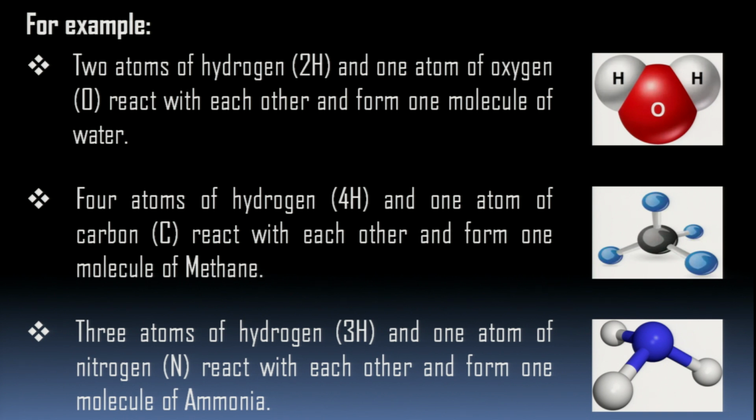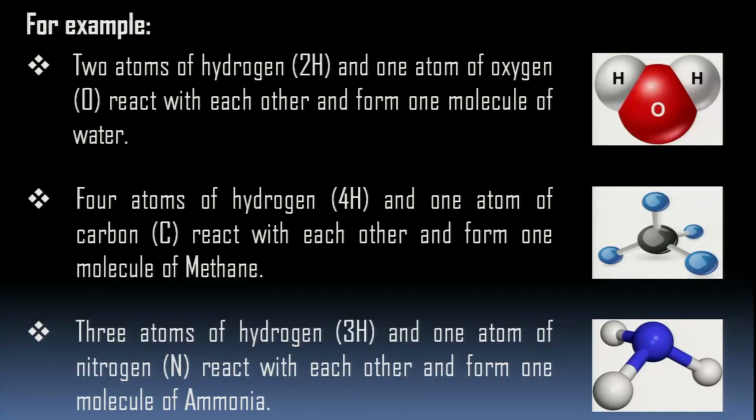Then comes ammonia, NH3. See, nitrogen in the center and 3 atoms of hydrogen. This is how they form the molecules. Okay? Look at the screen for a few seconds and you can remember this.